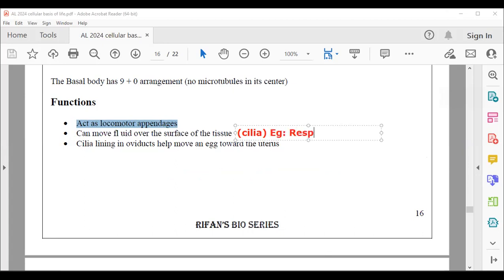Example, in our respiratory tract, the phlegm-like material from inside is thrown out by the movement of whom? Cilia. Similarly, cilia lining the oviduct.